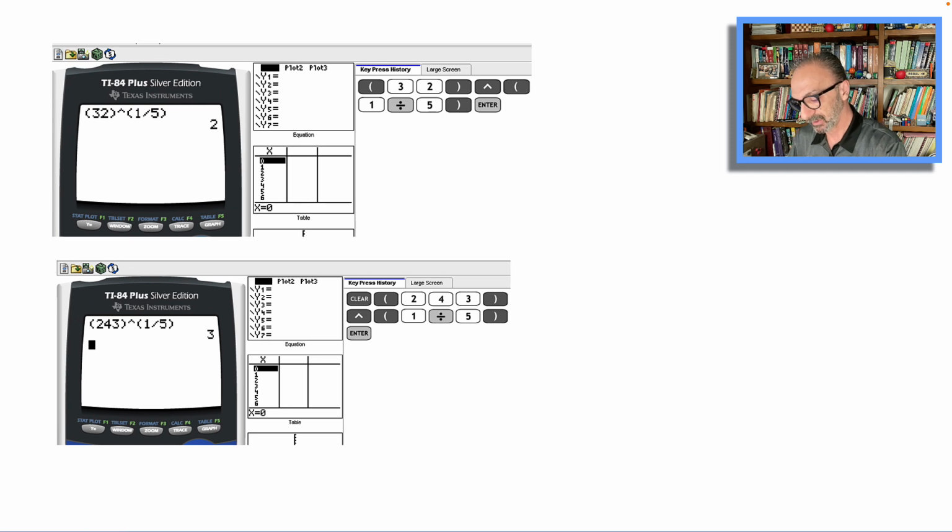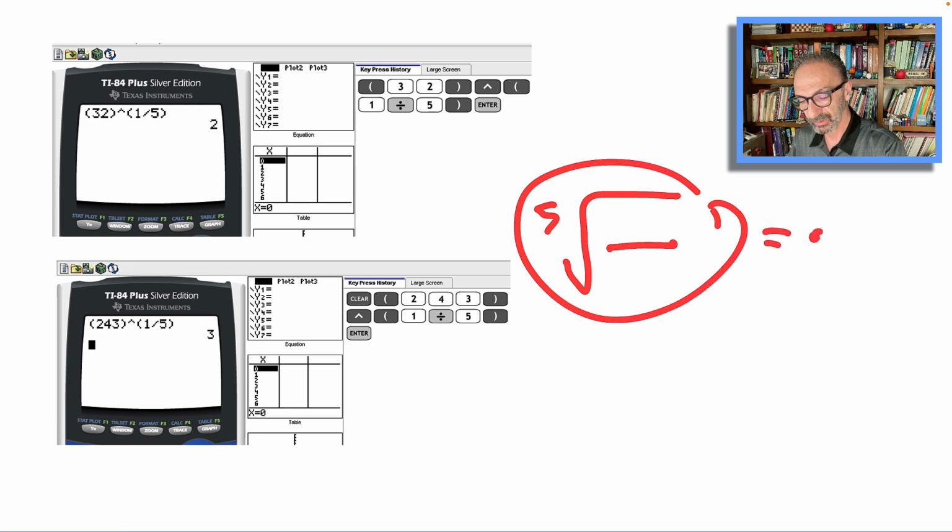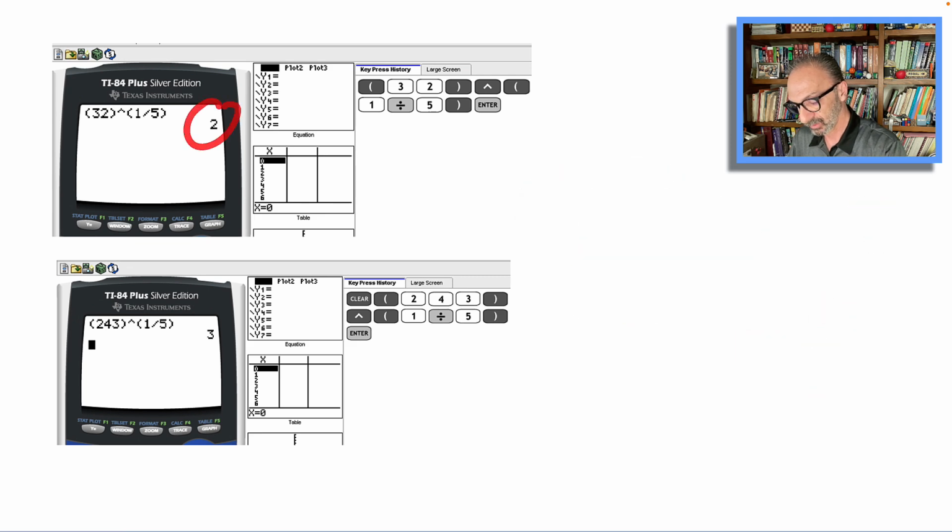The reason why I'm doing the numerator by itself and the denominator by itself is to avoid decimals. If you use the fifth root for the whole thing as a fraction, you're going to get 0.6 repeating, but 0.6 repeating is 2/3. So we have 2 over 3. Let's go back.